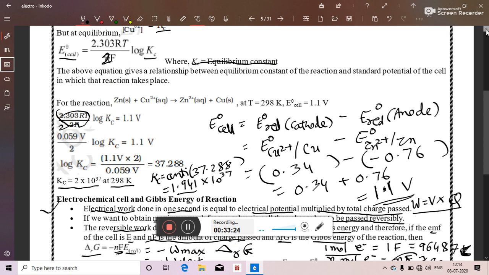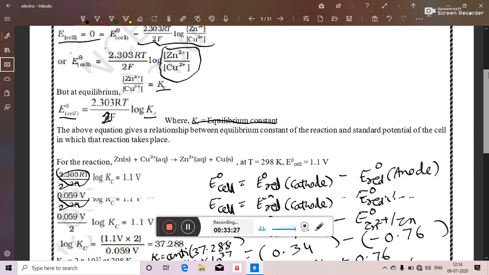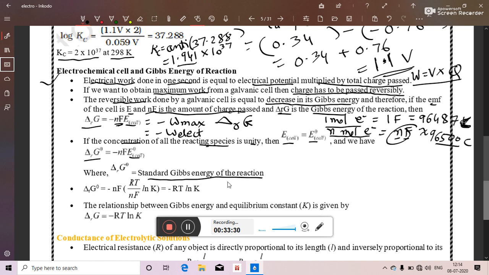And if you are writing it in terms of natural log, then we write E naught cell as RT upon nF natural log of K. So instead of E naught cell in this equation we will write RT upon nF natural log of K. Now nF will be cancelled.